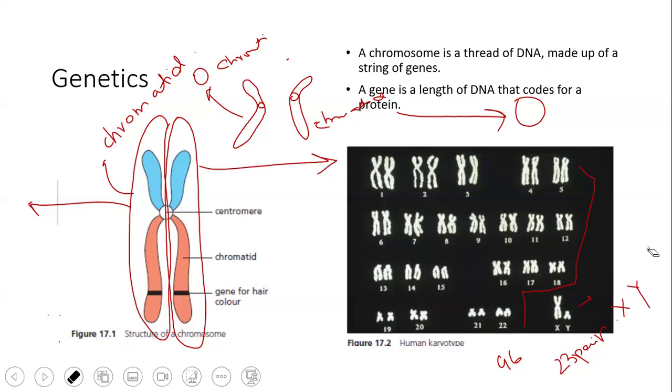And we have the autosomal chromosomes: anything other than the X and Y chromosome is going to be our autosomal chromosome.